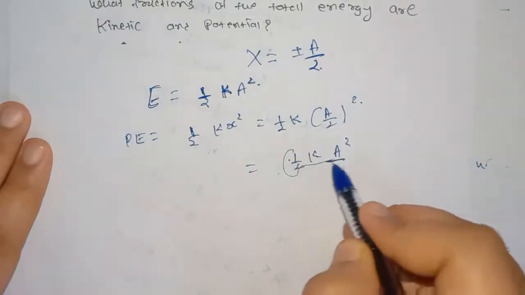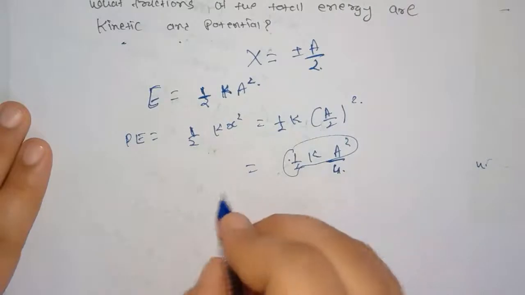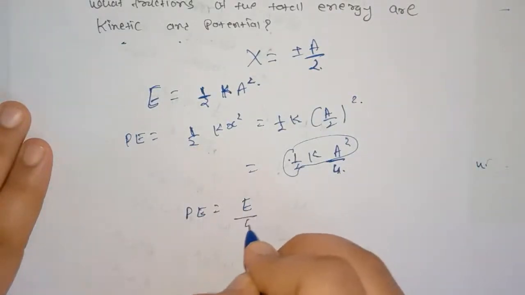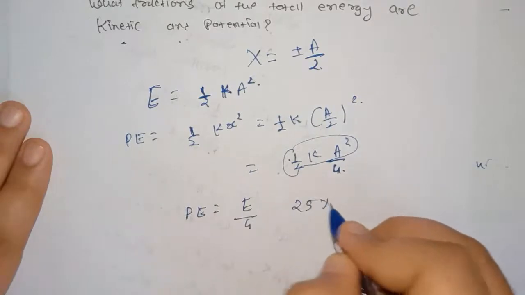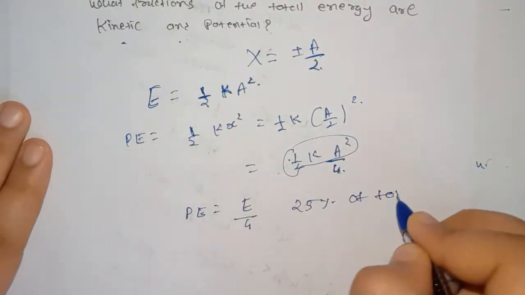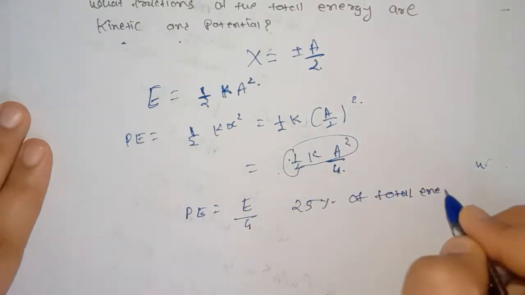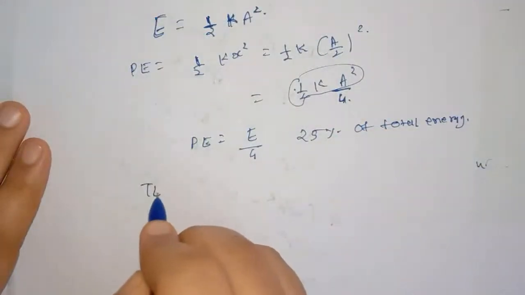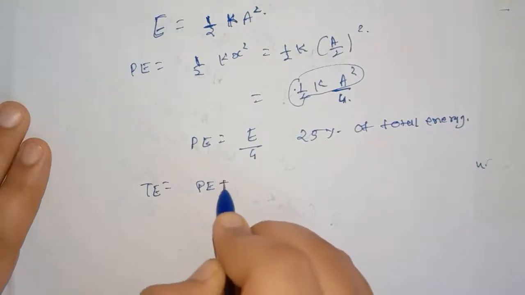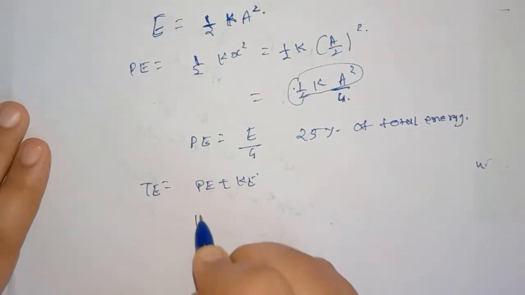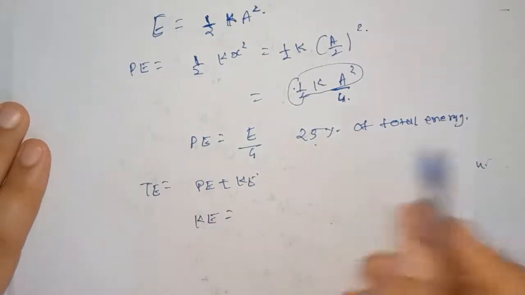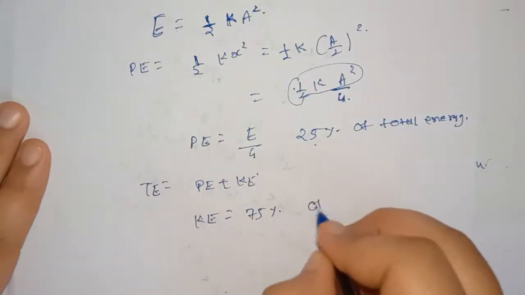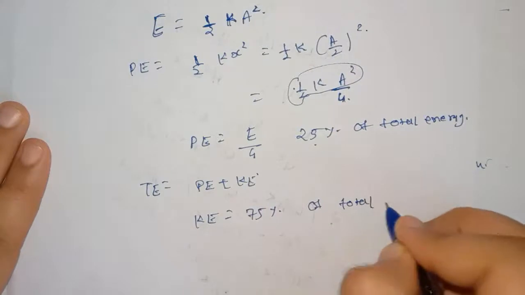But this half k a square is E, so potential energy will be E by 4, that is 25% of total energy. The total energy is potential energy plus kinetic energy. So kinetic energy will be 100 minus 25, that will be 75% of total energy.